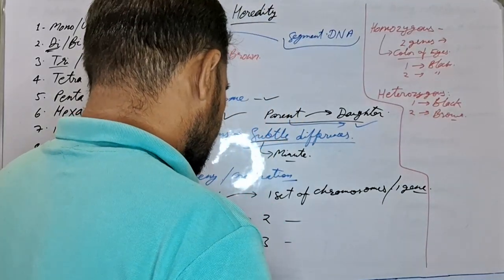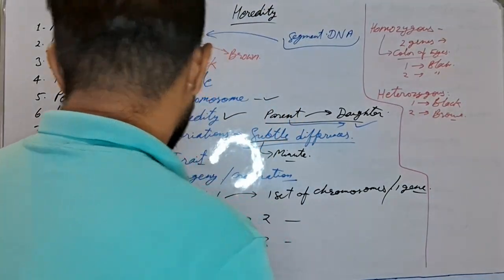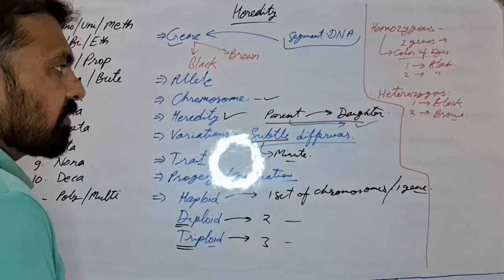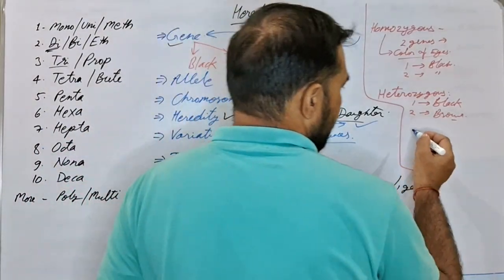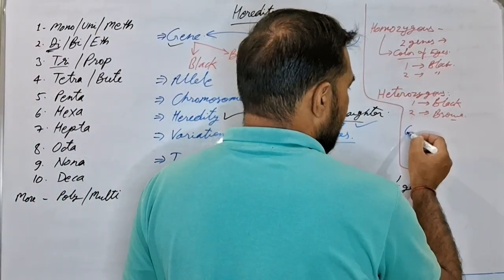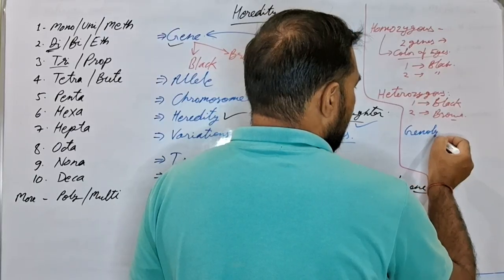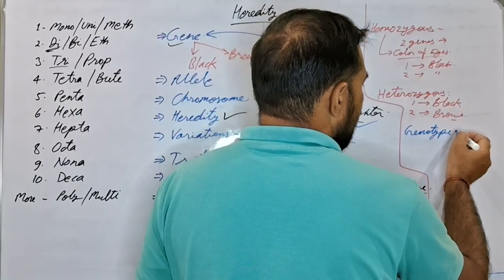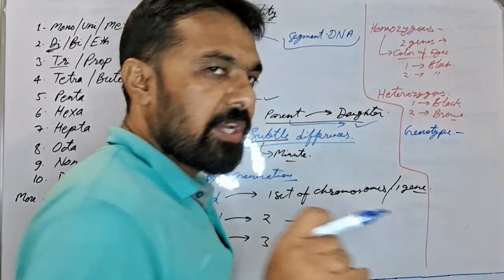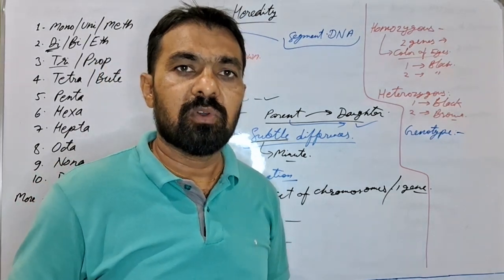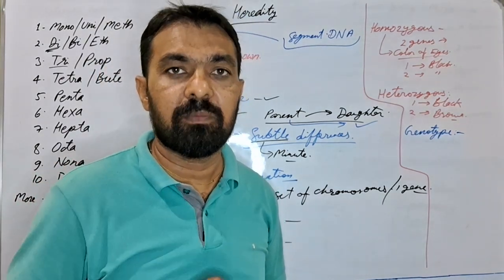Then the next term which is being utilized in this particular chapter, that is known as genotype. What is genotype? Genotype is basically the ratio between the organisms on the basis of their genetic composition.